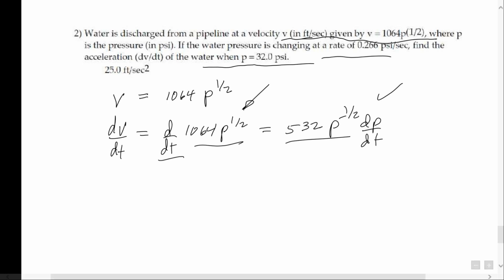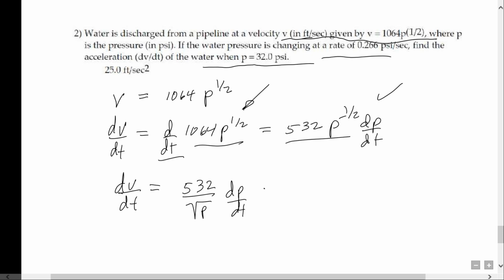Now we've got dv dt is equal to 532 over the square root of p times dp dt.